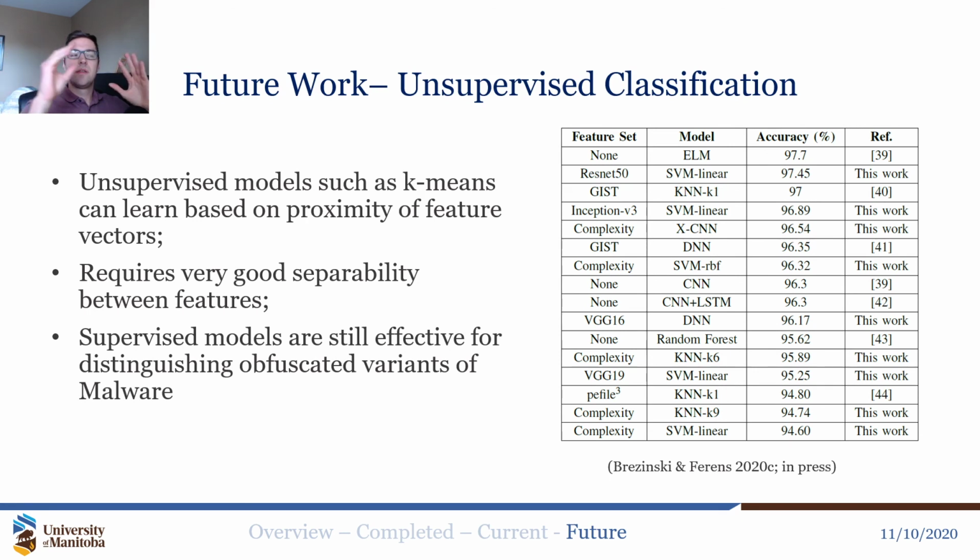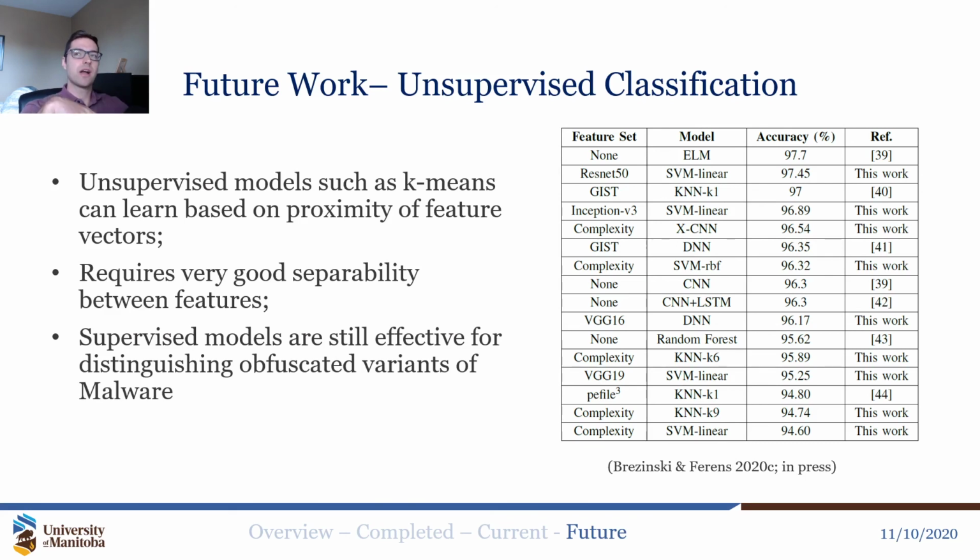Ideally, in an unsupervised model, if your features are relevant enough, the benignware and the malware will form different clusters. Just based on that difference in clusters, we can say, hey, this behavior is not like the rest. It's anomalous, therefore we should stop that behavior. But it requires very good separability between features.